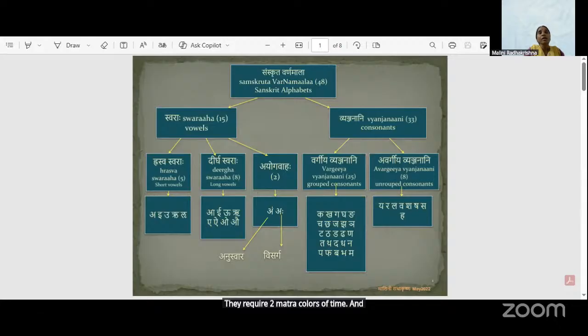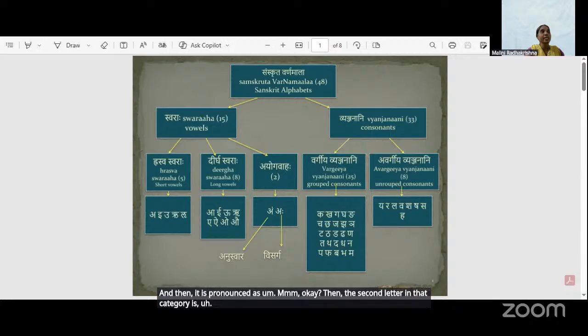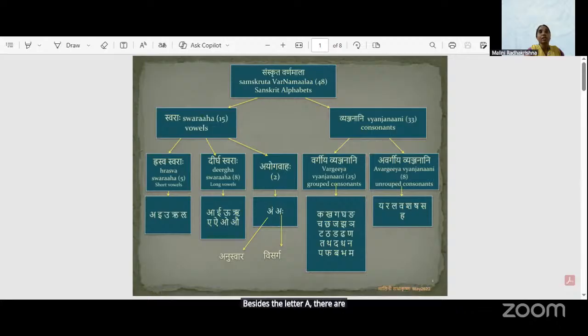And then Ayogavahav. The symbol that we see, the one dot on top of the letter A, is called Anuswara. Then the second letter in that category is Aha. Beside the letter A, there are two dots kept like a colon. Those two dots we call Visarga.